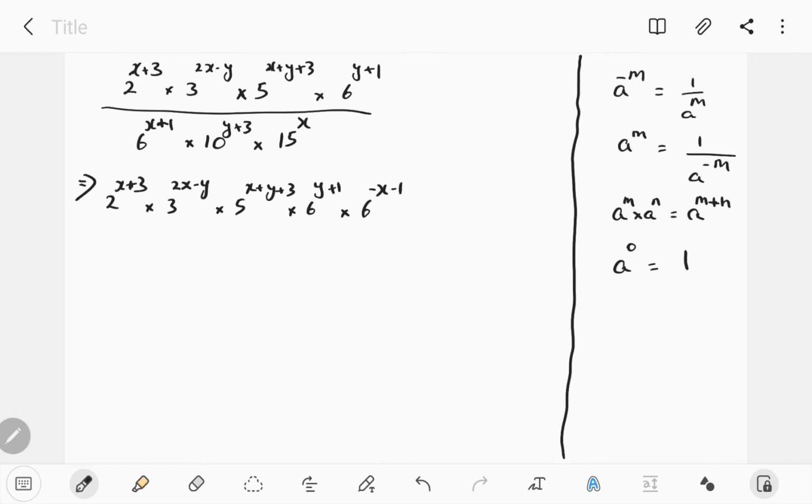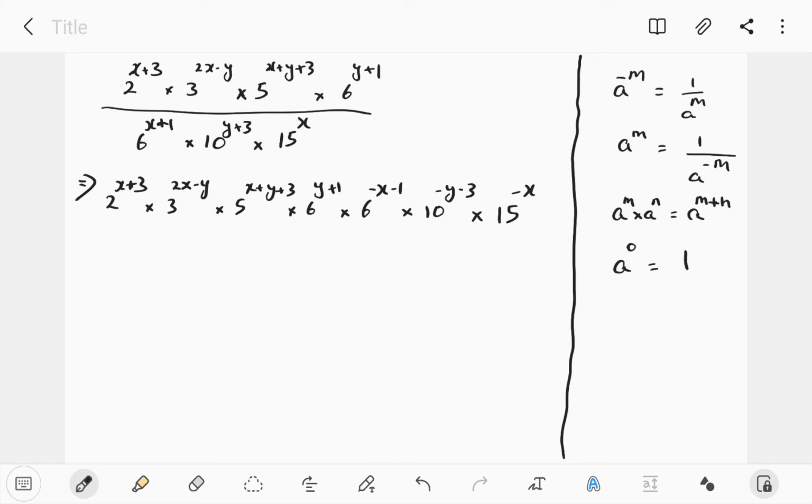The power changes to negative when I bring it to the numerator. Same way, 10 power y plus 3, when I bring it to the numerator, it will become 10 power minus y minus 3. And same for 15 also. It will become 15 power minus x.